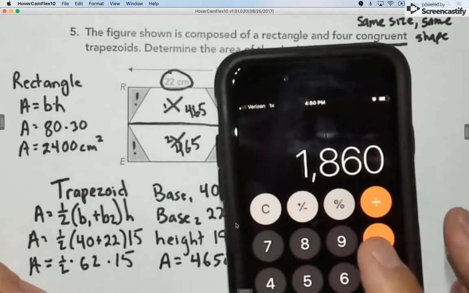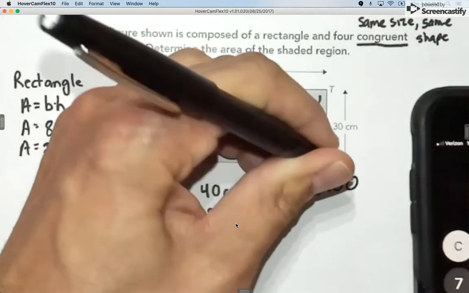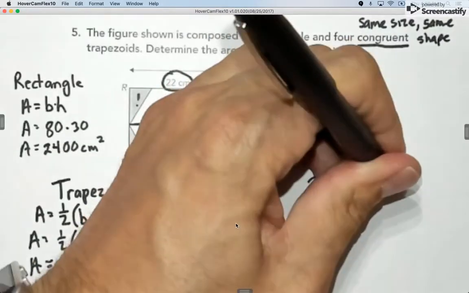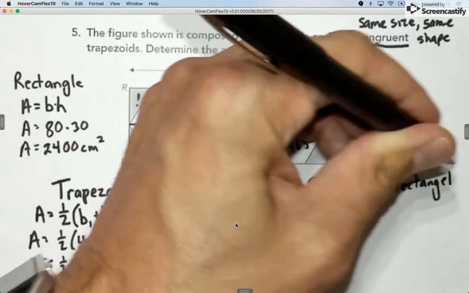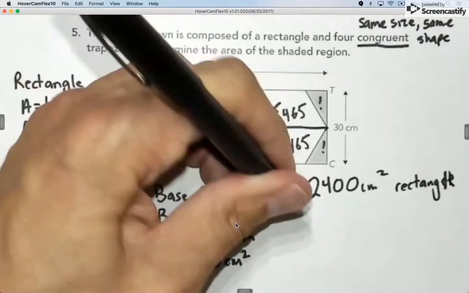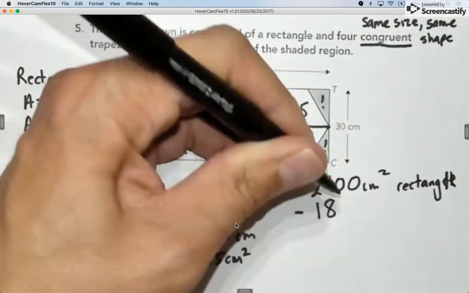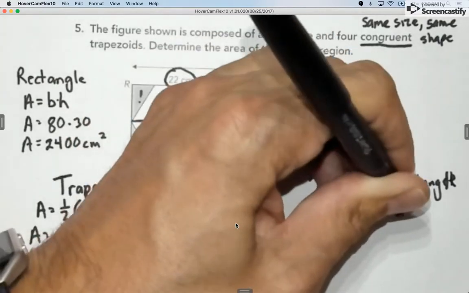1,860. So I would take the rectangle, 2,400 centimeters squared for the rectangle, or whatever I just spelled. I would subtract the trapezoids, which all together would be 1,860 centimeters squared for all trapezoids.